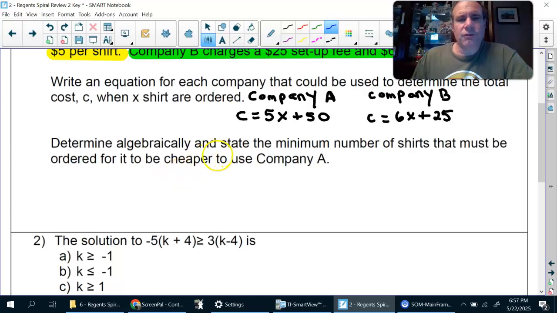When we're comparing and finding that break-even point between the companies, you are always going to set up an equation where each expression is equal to the other. So company A on one side and company B on the other.